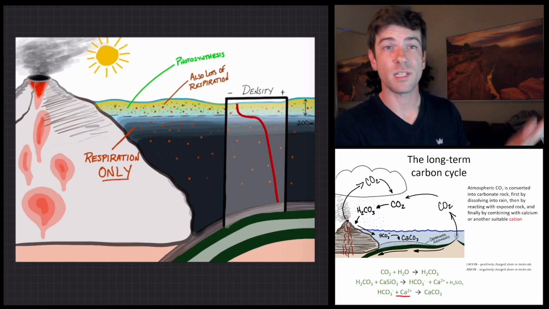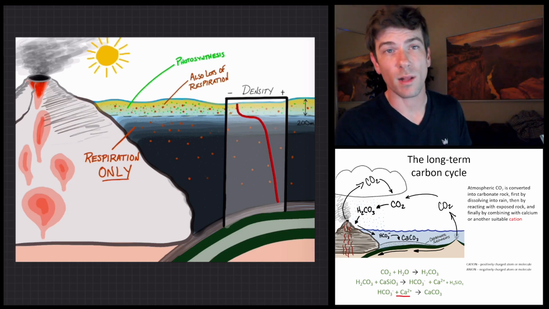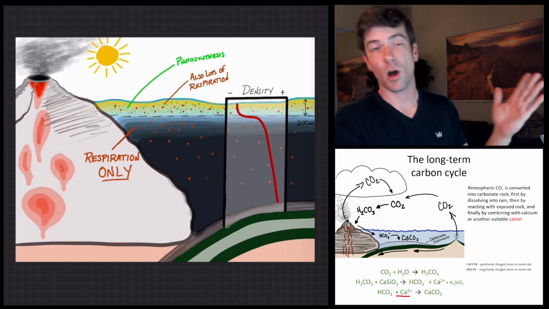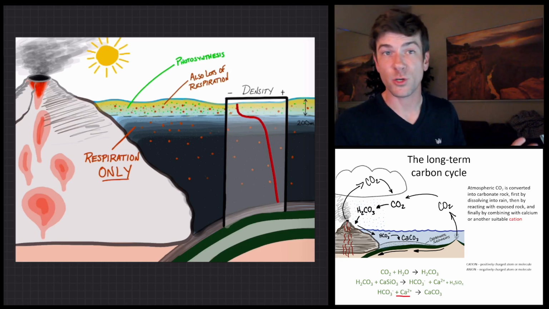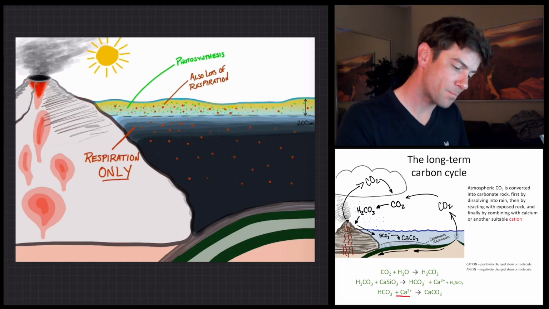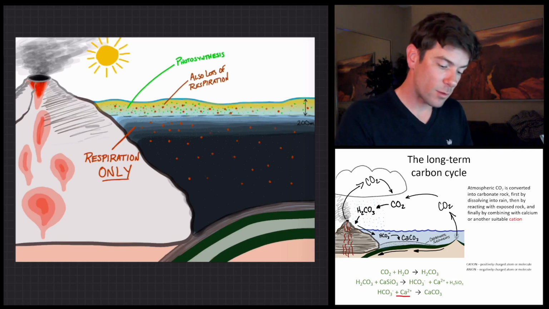You can also force deep water up to the surface through upwelling in zones where water is moving offshore, perhaps because of Ekman transport.